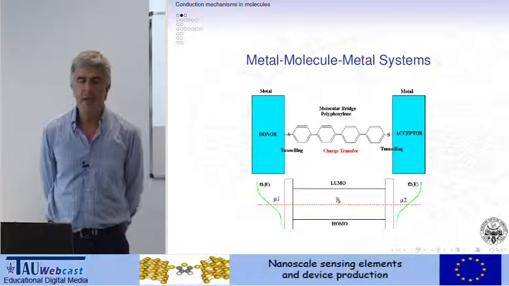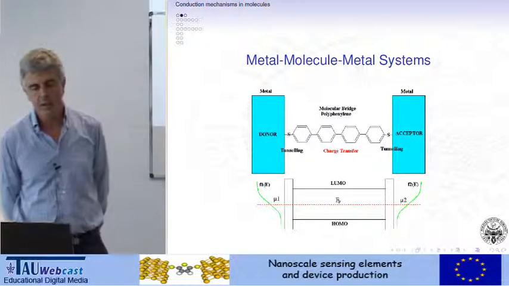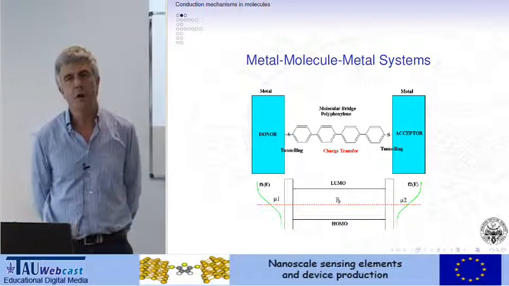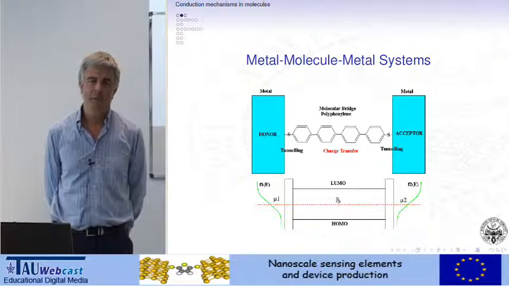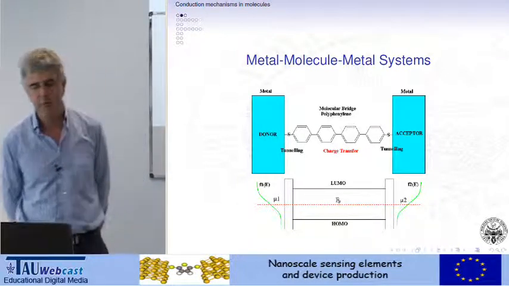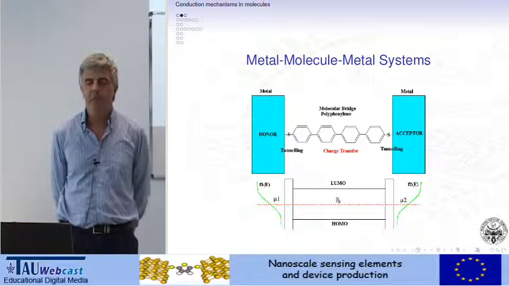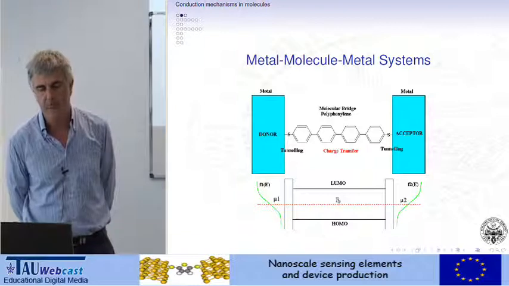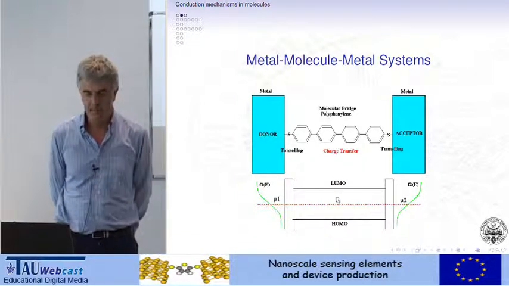After that, this electron, with tunneling generally, can reach the molecule. The molecule is a bridge, and after the molecule, the electron will be able to reach the second electron tank at the right, that is the acceptor or drain.